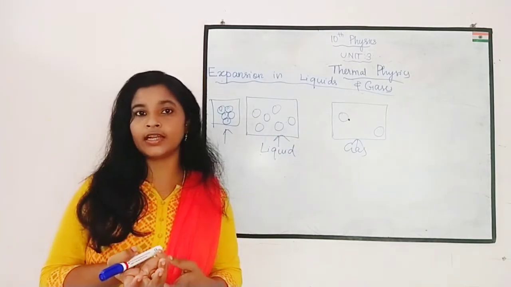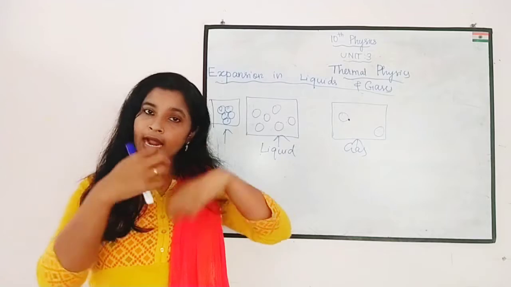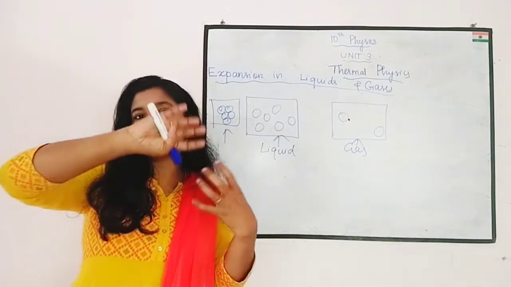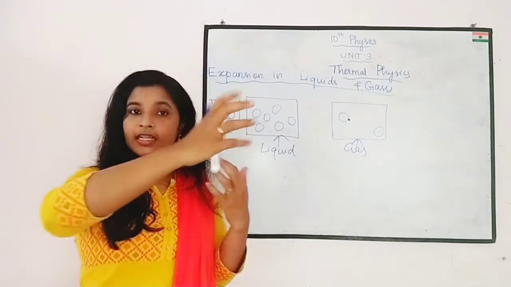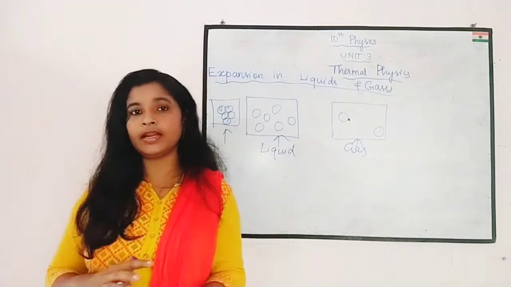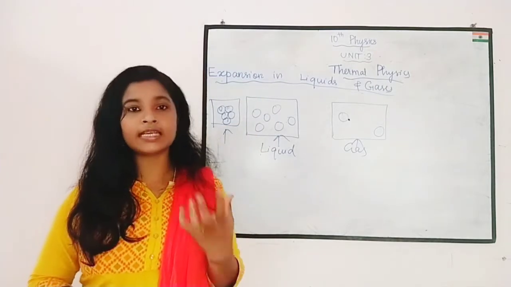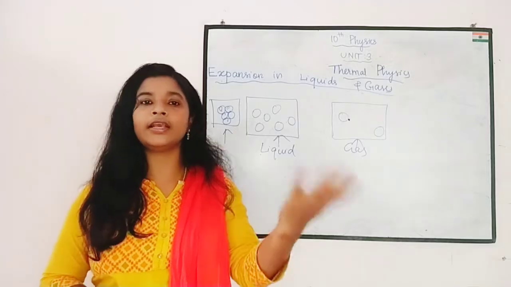First the container gets heated, then the atoms and molecules in the container move and pass the heat on, and through them the atoms and molecules in the liquid are reached. So the container will be heated first, and through that container the liquid gets heated.